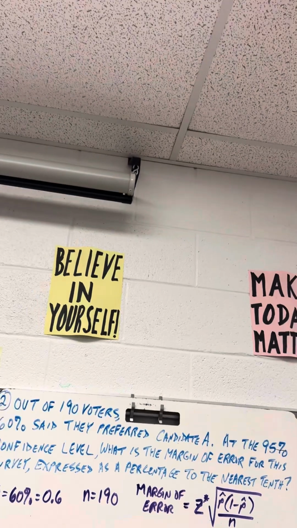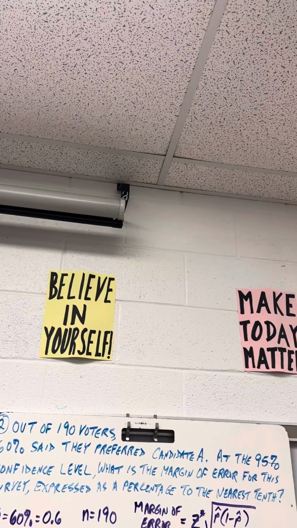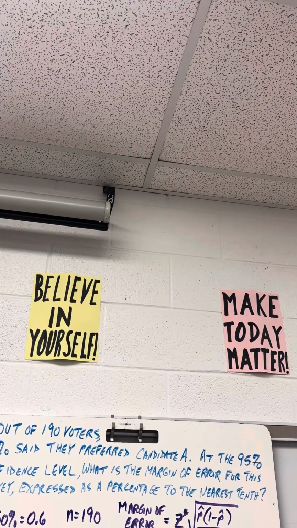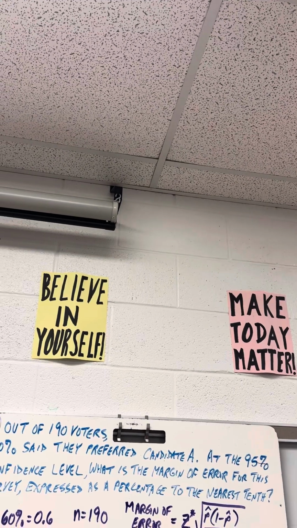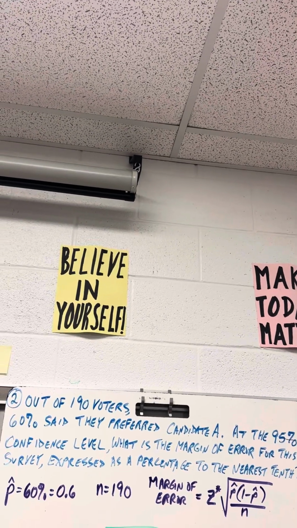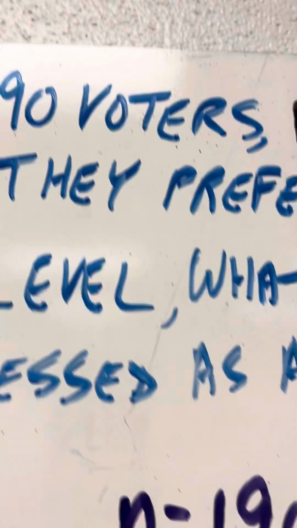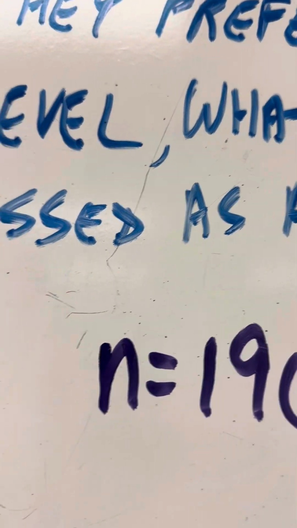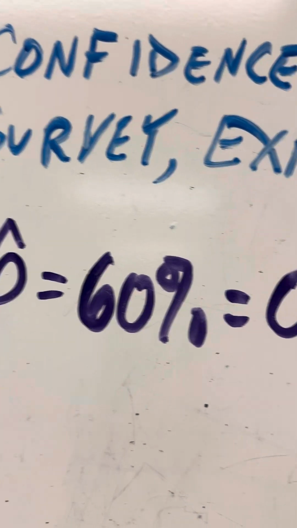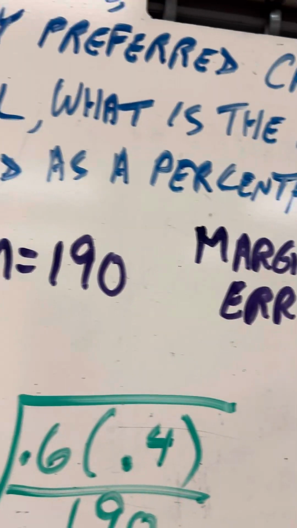Right? At the 95% confidence level, what is the margin of error for this survey expressed as a percentage to the nearest tenth? Okay, so once again, 190 voters, so N is 190. And P is going to be 0.6. Okay.